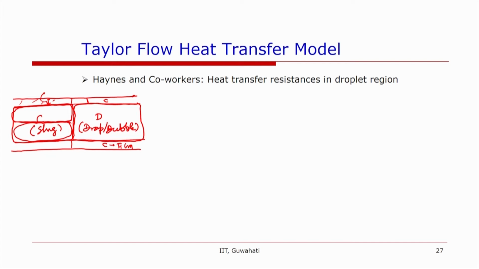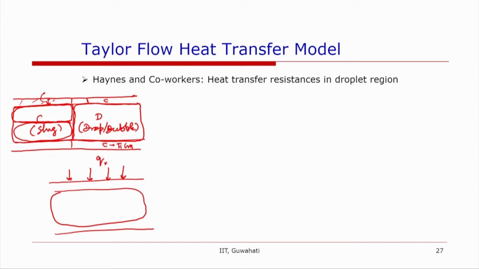So, what we are going to look at in this case is accounting for the resistances in the droplet region. So, we will draw it again: the channel wall, a droplet, and the heat entering from the wall, the heat flux being Q W, and then it comes into the film, and from the film it enters the droplet region, and so on.